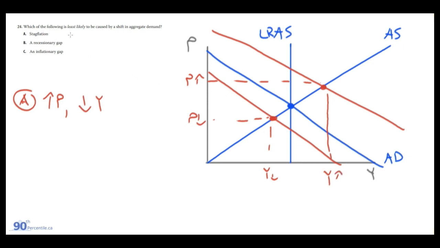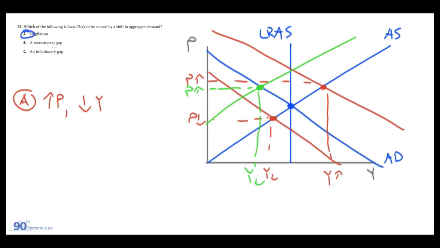So stagflation, like I said, is an increase in prices at lower output. So that would be something like over here, right? Increase prices, lower output. So for this to happen, it's not possible with a shift in aggregate demand. It would actually have to be a shift in aggregate supply, which would meet aggregate demand somewhere here. And then in this case, we have higher prices at lower output. So the answer is going to be A.